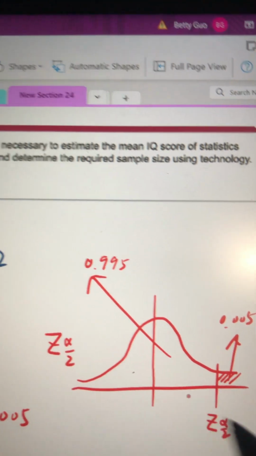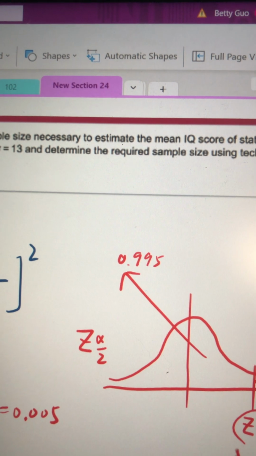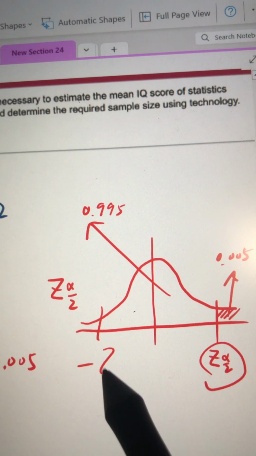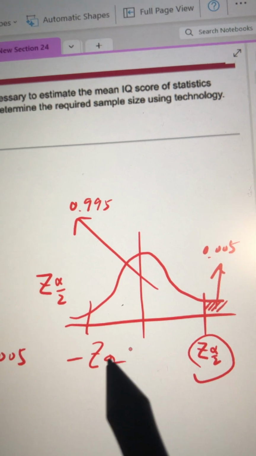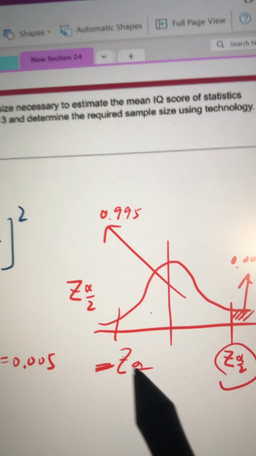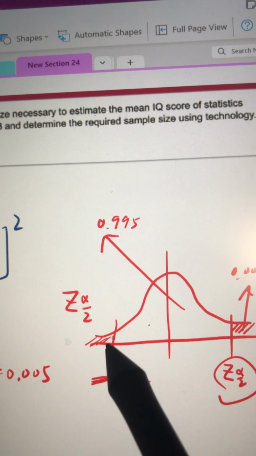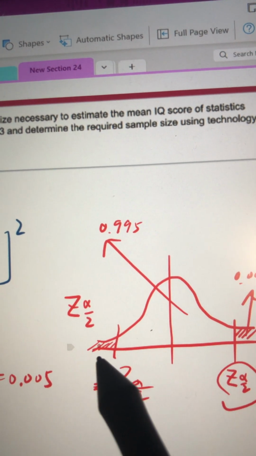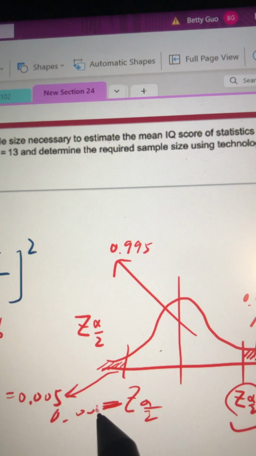Since the curve is symmetric, instead of finding z sub alpha over 2, we can find negative z sub alpha over 2, because they are opposites, right? We can just change the sign later, just for convenience. And the region to the left of this z-score is going to be 0.005 as well. All right, let's remember this region is 0.005.